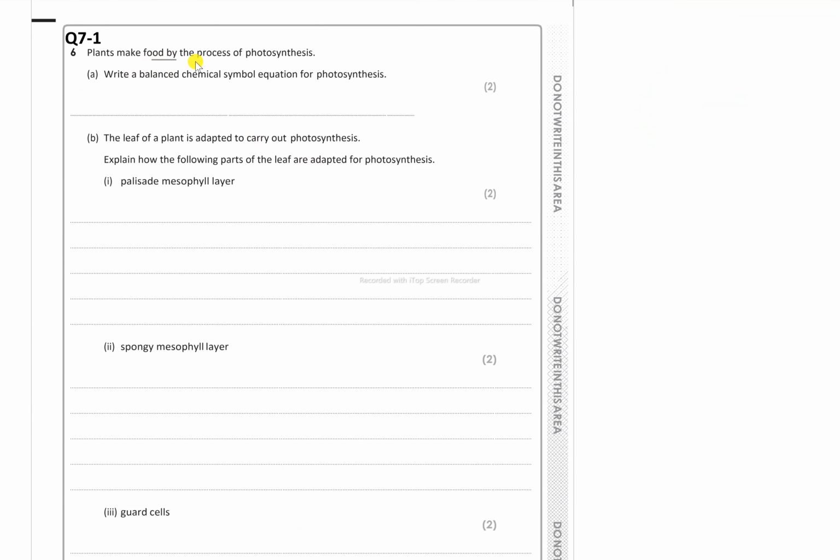Plants make food by the process of photosynthesis. Write the chemical equation. Right, this has come up before, so we write carbon dioxide plus water gives glucose, C6H12O6.